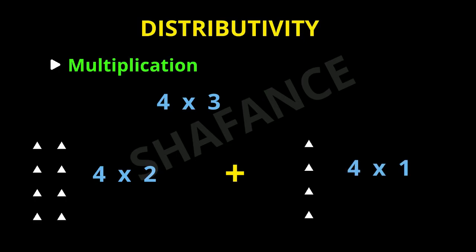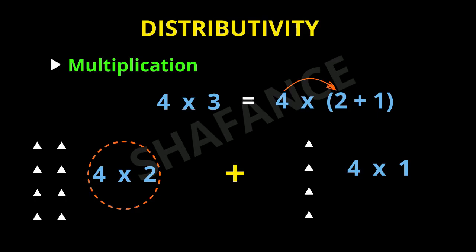Now we can expand 4 multiplied by 3 as equal to 4 multiplied by, bracket open, 2 plus 1. So we can split 3 into 2 plus 1. What is happening over here is, when we multiply 4 with 2, we get this 4 into 2.